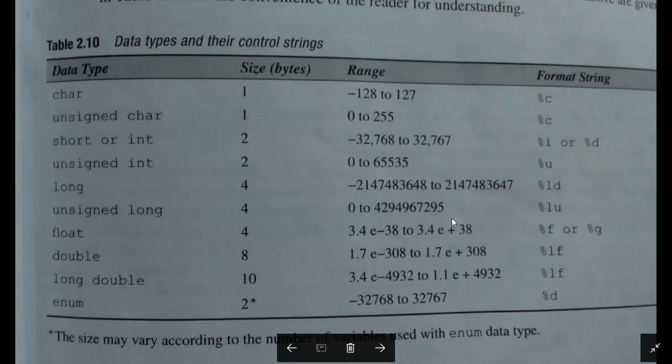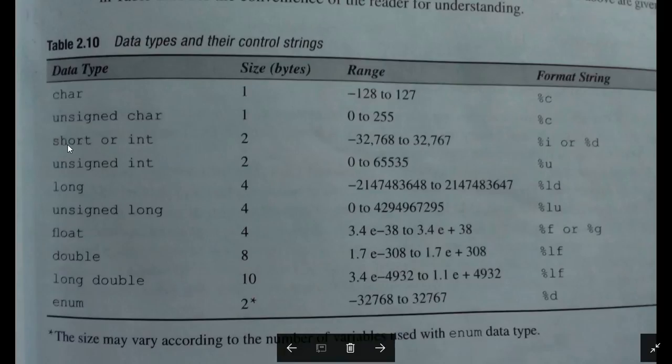You can see the entire thing through the table. Unsigned character is also used. When we want to print a character type variable, or assign a constant value to a character, we have to use %c.